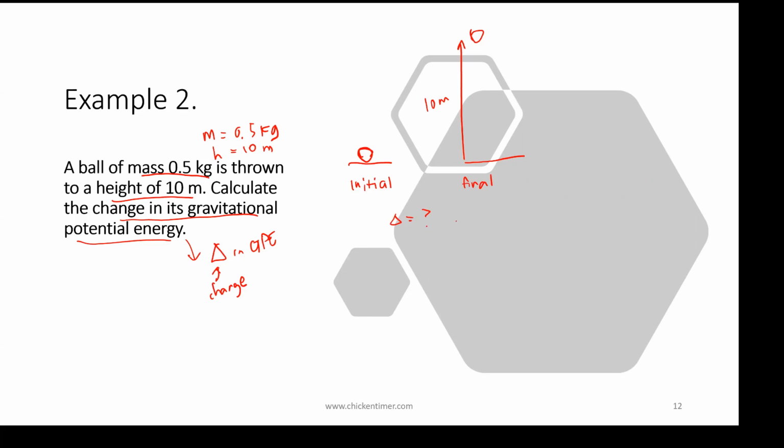Then they say, what is the change? So change is the final energy minus the initial. So then we have our formula, GPE is mass times gravity times height. So now, how much GPE does this ball have at first? 0, because it's on the ground.